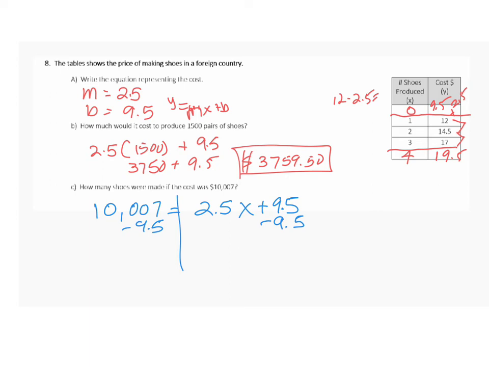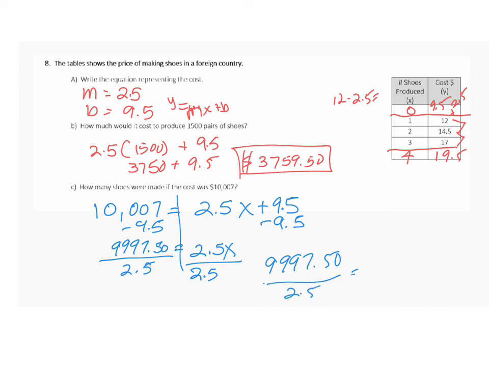And we get $9,997.50, and that equals 2.5x. So we divide both sides by 2.5. I'm going to let you figure that out. What is 9,997.50 divided by 2.5? That is your answer. Get it down and proceed to the next slide.